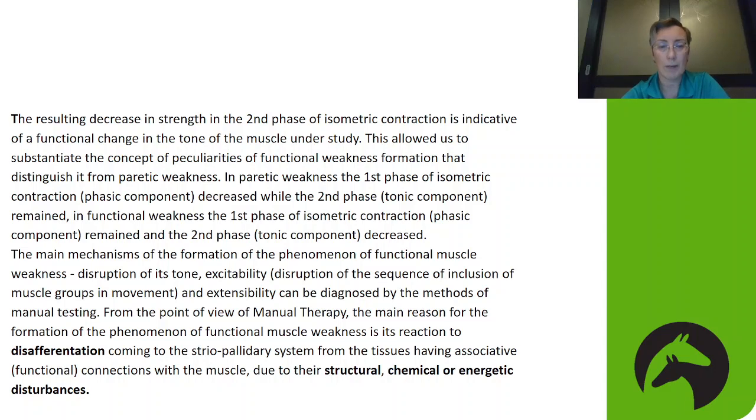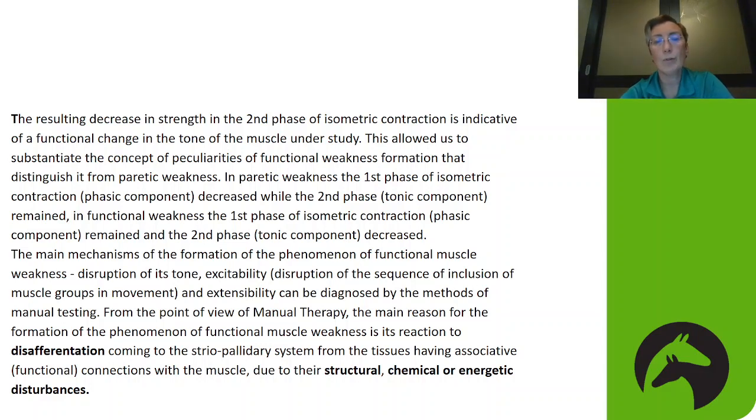The main mechanism of the formation of the phenomenon of functional muscle weakness is a description of its tone, excitability, and disruption of the sequence of inclusion of muscle groups in movement. Extensibility can be diagnosed by the methods of manual testing.